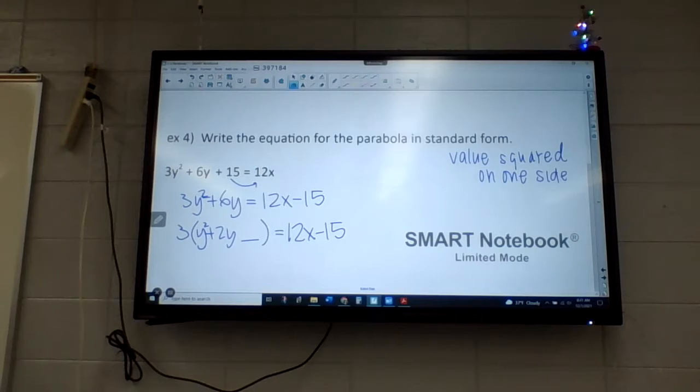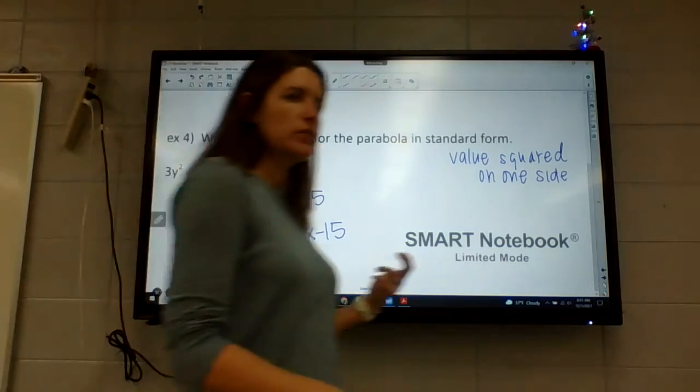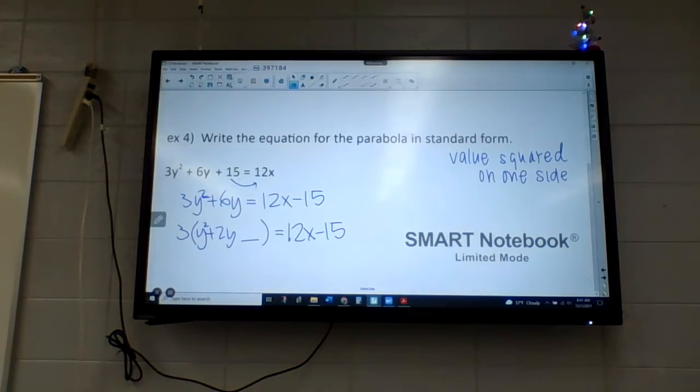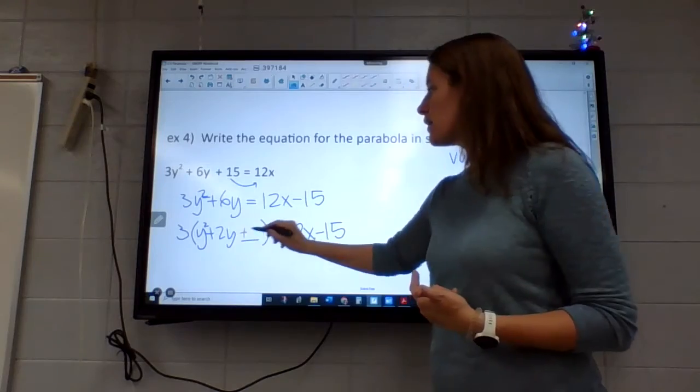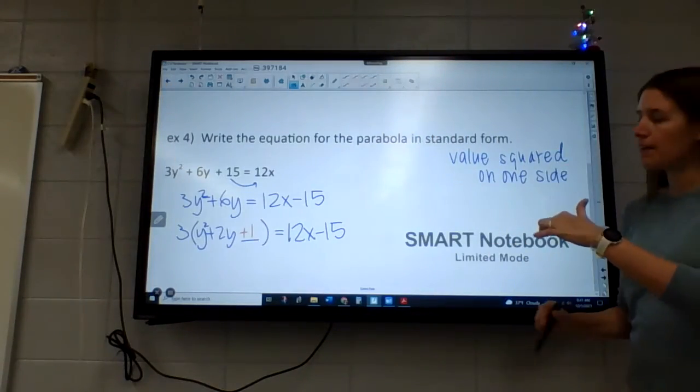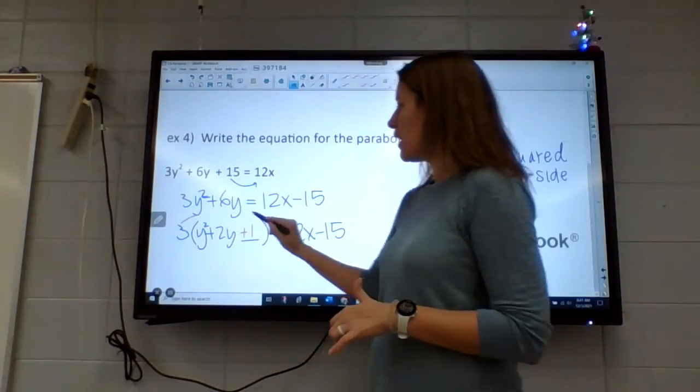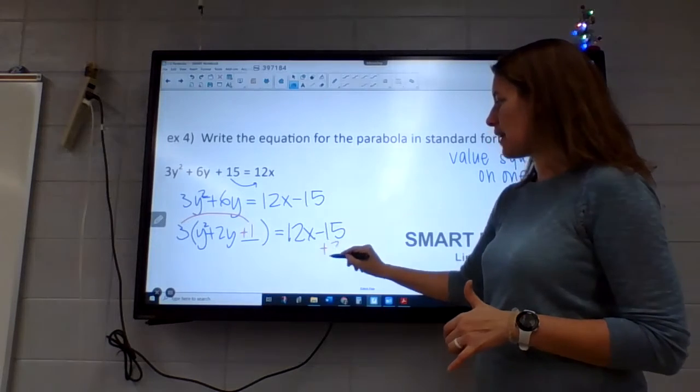Now we're still going to do completing the square with this side. So remember, b divided by 2 squared. So 2 divided by 2 squared is going to be 1. So that's going to come in here. But since I put 1 in there, I have to really put in 3 on this side.